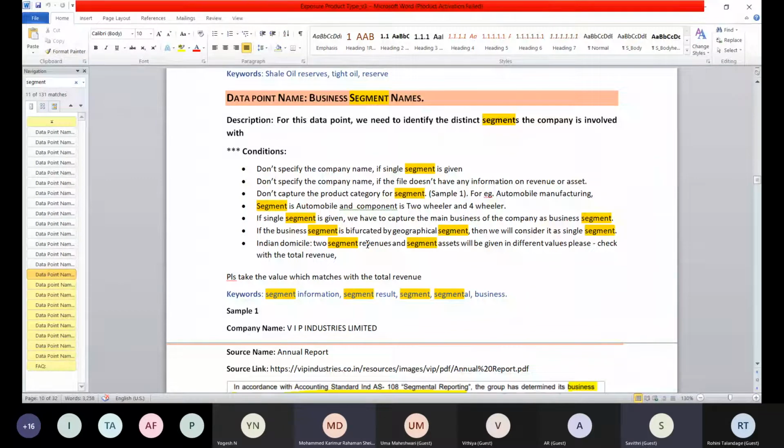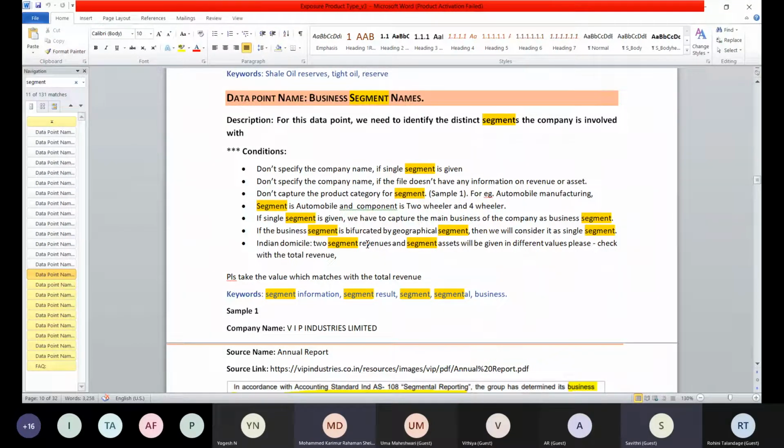For example, if this company, VIP Industries, is into bag manufacturing, let's assume their revenue is 100 million. So 100 million revenue is stated in the report, and you copy and paste the same value and search for other occurrences. After finding that 100 million, you have a breakdown like 50 million and 50 million, totally 100 million. The first 50 million they are saying is bag manufacturing, and the second 50 million is services related to bag manufacturing.